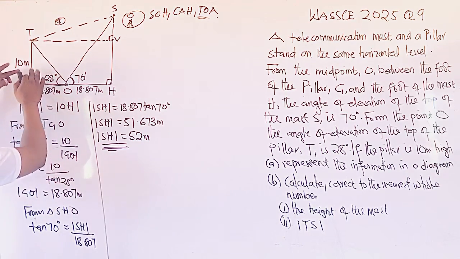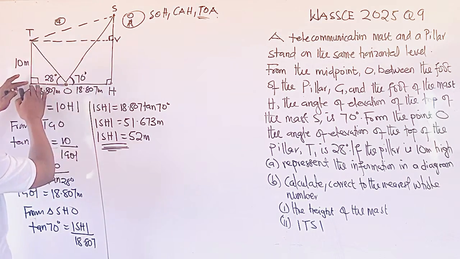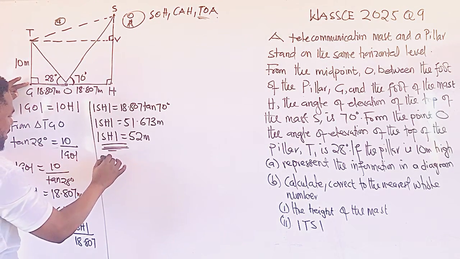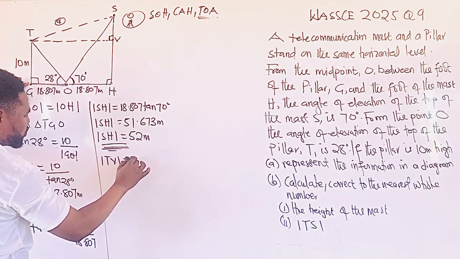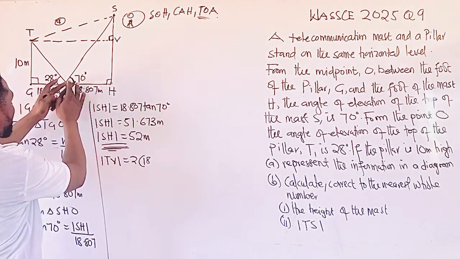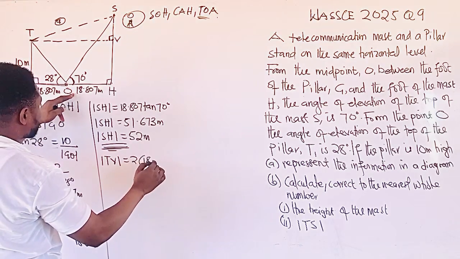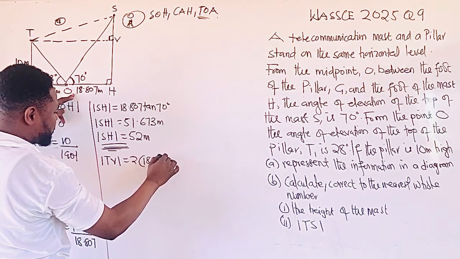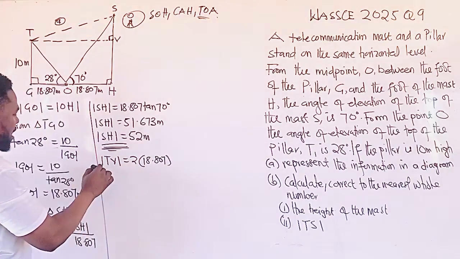So how can we get TV? Since we know GH, then our TV will be 2 multiplying, that is half of the distance, which is 80.807. All right.